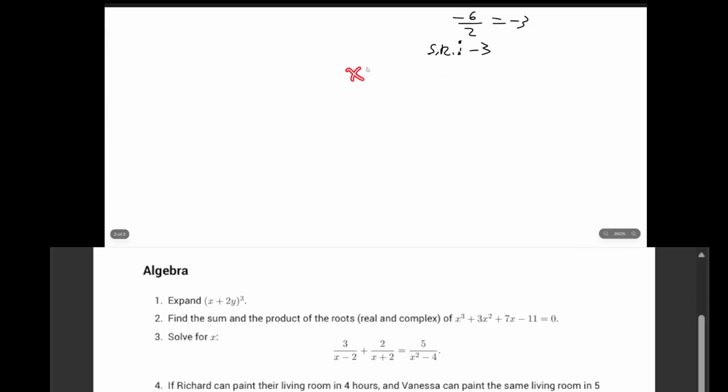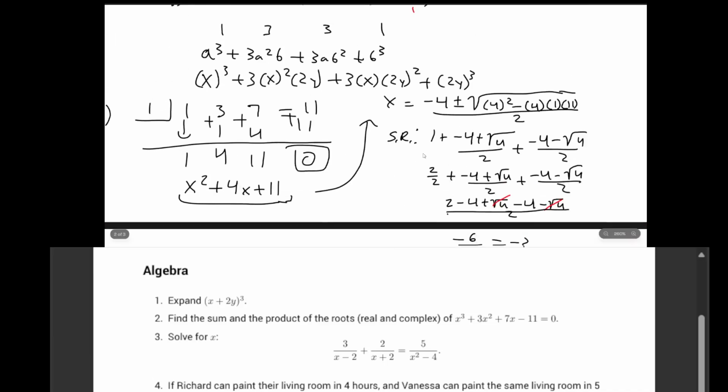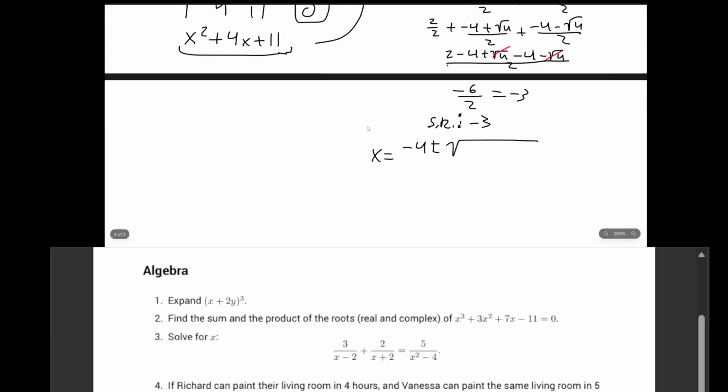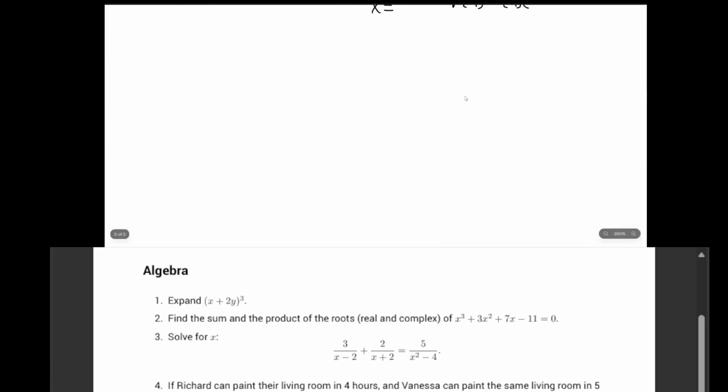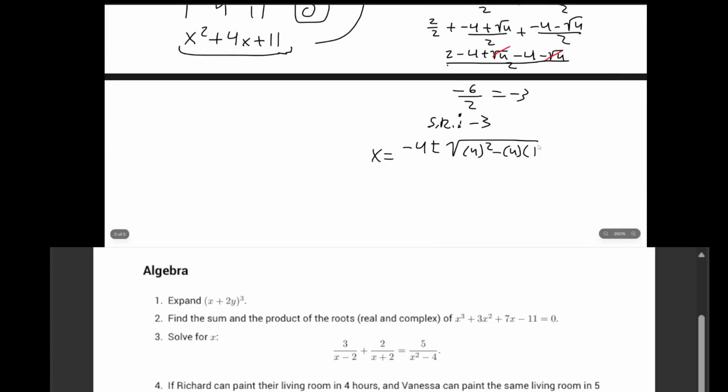Well, let me rewrite this here. x equals negative 4 plus or minus the square root of 4 squared minus 4 times 1 times 11, all over 2 times 1.